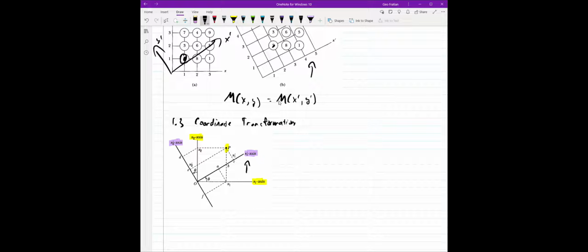You can see the vector A. So we can come up to the equation x1 prime is equal to x1 cosine theta. x1 cosine theta is this length right here. Let me draw that in a different color. This length right here, that's x1 cosine theta, which we can see because this is the angle theta, and the hypotenuse is that one. Plus x2 sine theta.